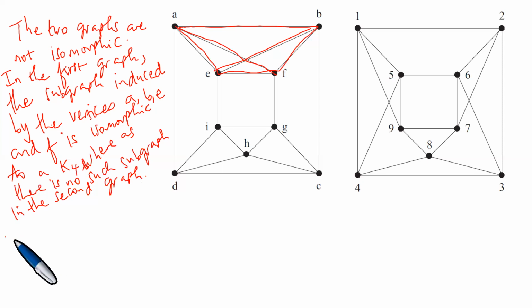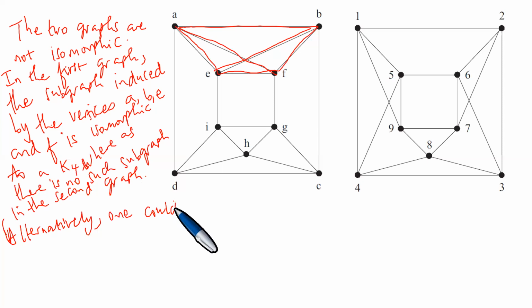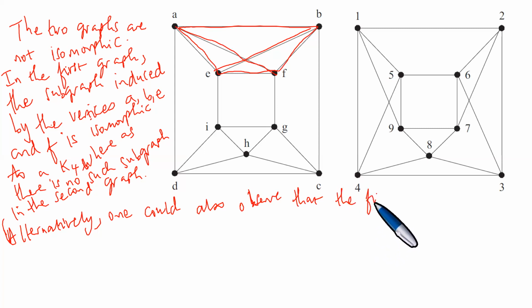Moreover, there's also some tricky reasoning that is possible, some detailed, deep analysis. Right, so alternatively, one could also observe that the first graph has 11.